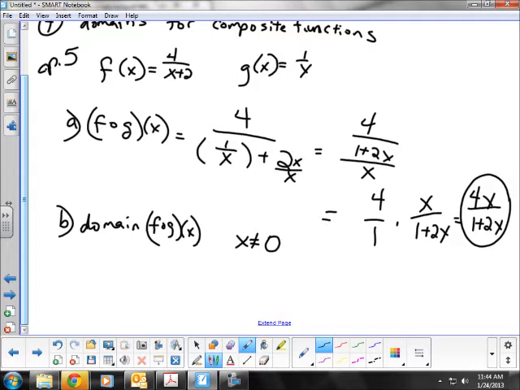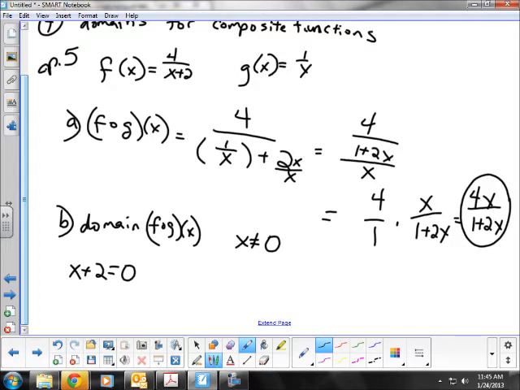Now, I also need to know when g of x is going to be the number that gives me a 0 in the denominator of f of x. Okay, everybody hear what I just said? I need to know when g of x is going to give me a number that gives me a 0 for f of x. So x plus 2 can't be 0, right? Y'all following what I'm doing here?